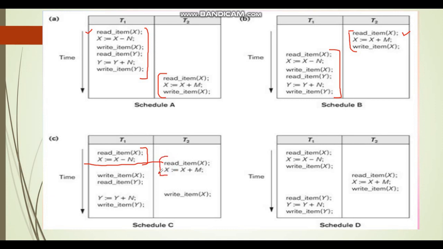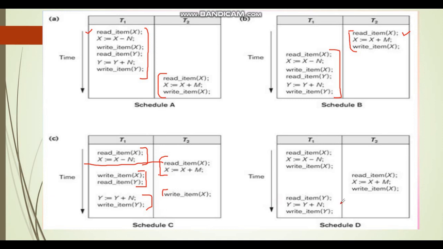Again, somewhere T2 stopped, then T1 started executing again, then T2 executed again, and then T1 again. So these transactions are executing in an interleaved manner. That's why these are said to be non-serial schedules.